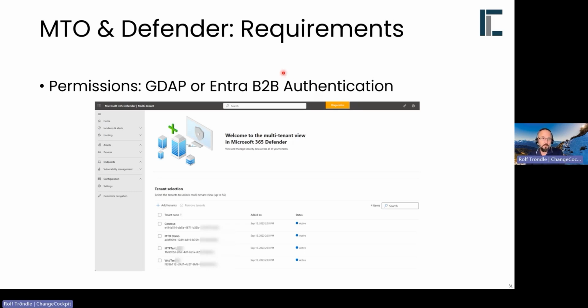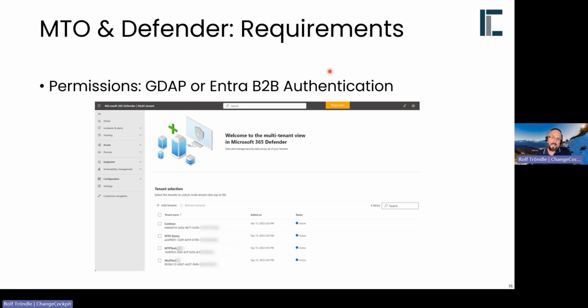You can either do this using GDAP, so this means if you use granular delegated admin privileges for partners, then you cannot do MTO, so it's either or. But if you are not using GDAP, the easiest way anyway, and I will show this now in the demo, is using Entra B2B authentication.